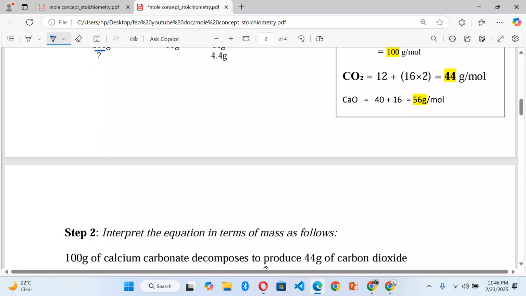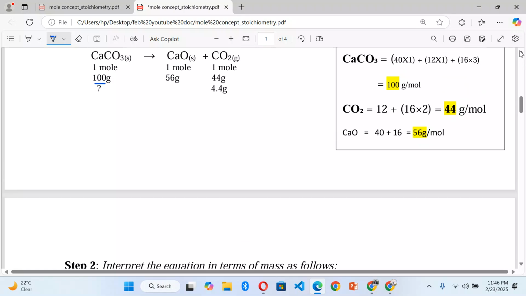The second step says interpret the equation in terms of mass as follows. We're saying 100 grams of calcium carbonate decomposes to produce 44 grams of carbon dioxide. I believe that is clear. It is coming from there, where in terms of moles you could have said 1 mole of calcium carbonate decomposes to produce 1 mole of calcium oxide and 1 mole of carbon dioxide gas.